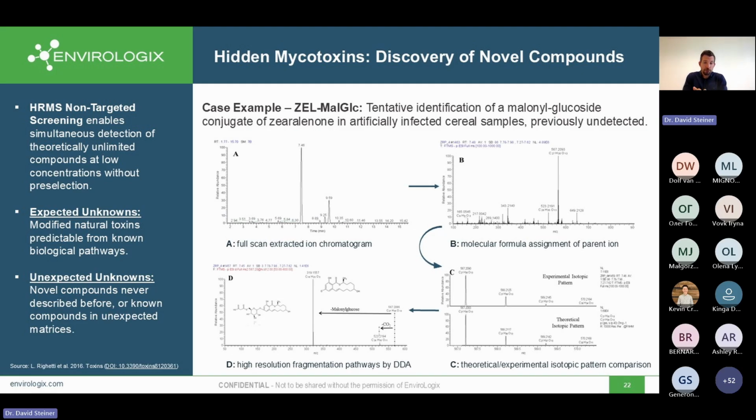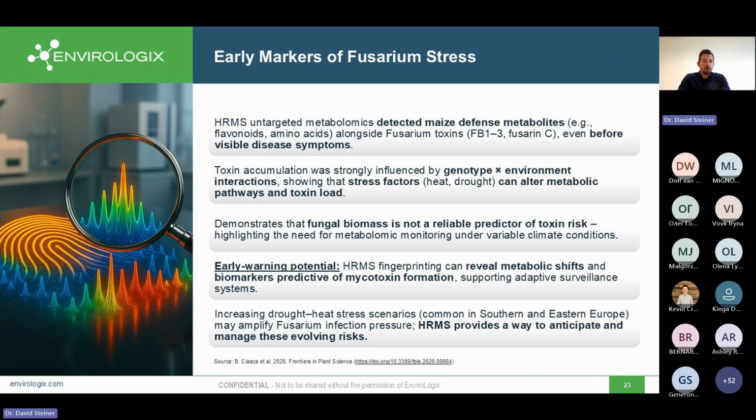So in that case, high resolution actually complements the metabolomics and also these artificial intelligence tools by enabling the characterization, I would say more importantly, also the confirmation of novel mycotoxin derivatives. And with that, it also helps to reveal how plants respond actually to stress. So in wheat and maize, for example, defense compounds like flavonoids and also certain amino acids change under heat and drought, often even before visible symptoms actually appear.